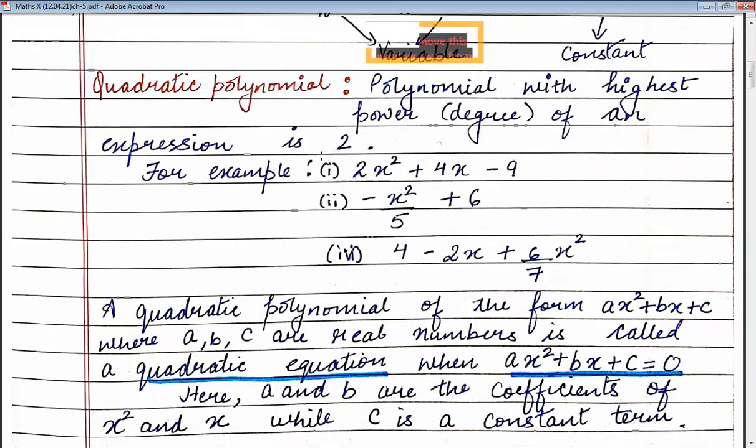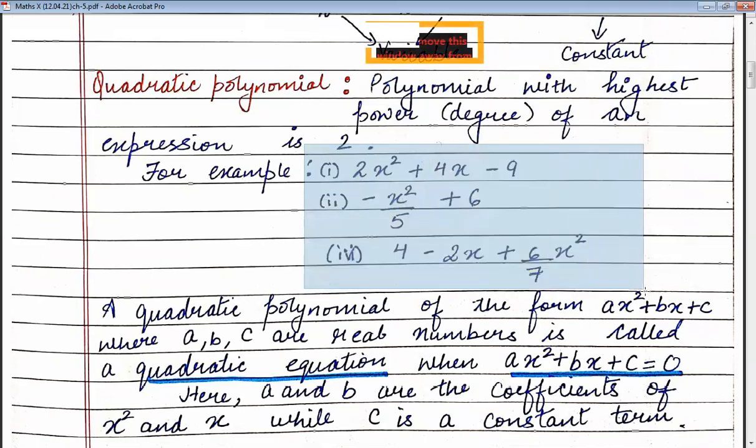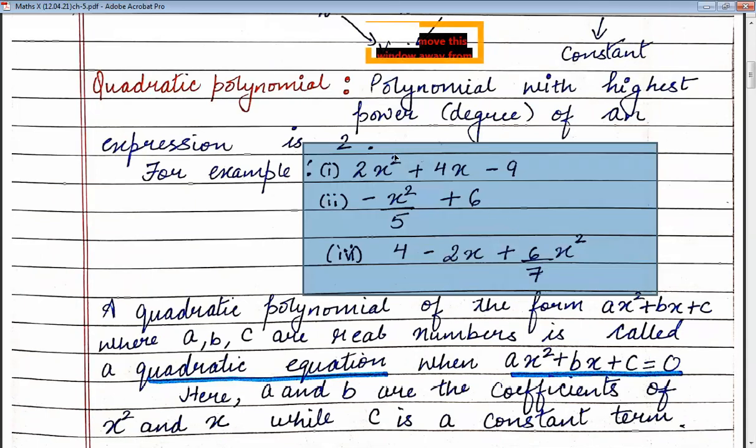Now, children, these are a few examples of quadratic polynomials. You can see that here the degree is 2, so these are all called quadratic polynomials. The first one is 2x² + 4x - 1. Here the highest power of the variable is 2, so this is a quadratic polynomial. Now have a look at the second one: -x²/5 + 6.